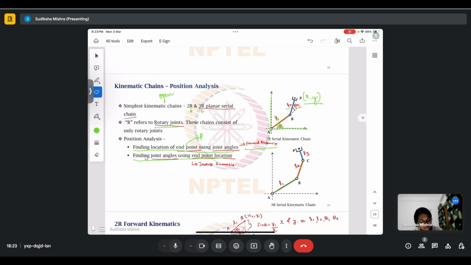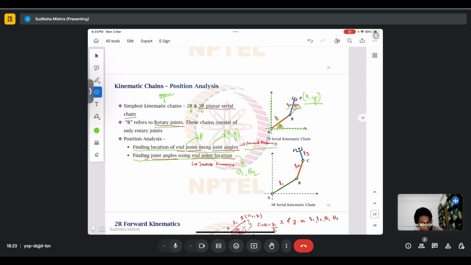You are given x comma y, L1 and L2, and you need to compute theta 1 and theta 2 in our 2R problem.